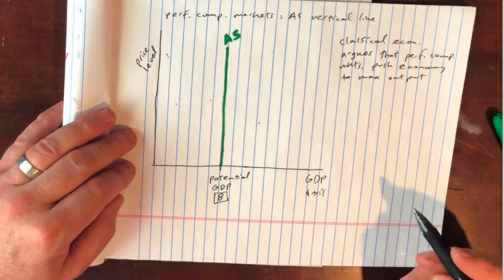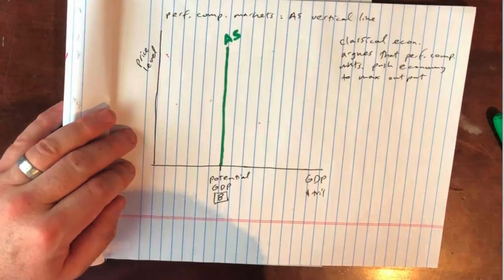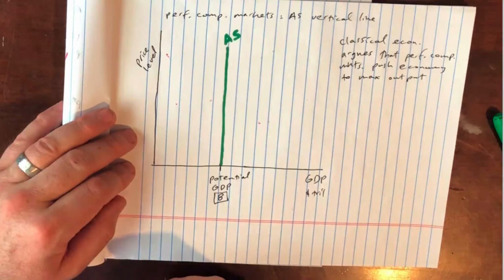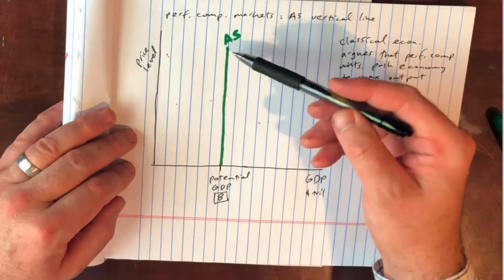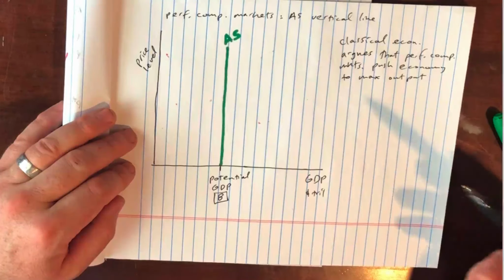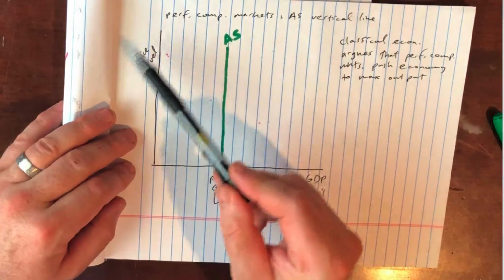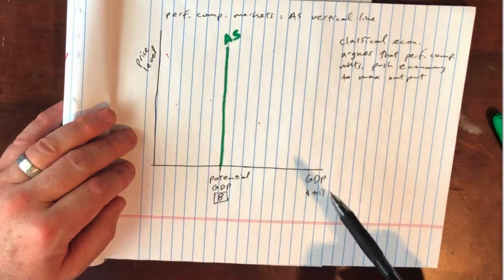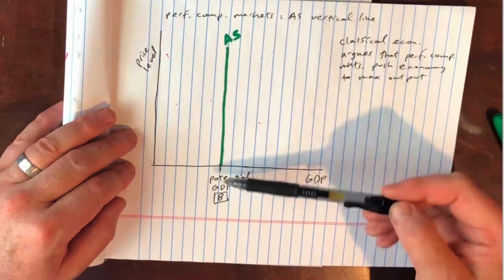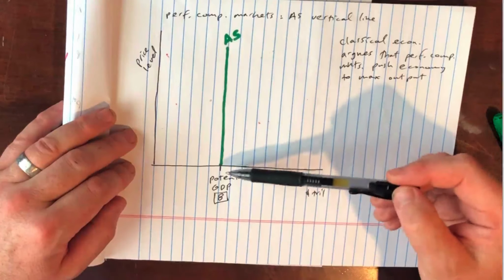The price level essentially doesn't matter within that argument. Whenever we have a vertical line or a horizontal line, what we're basically saying is there's no relationship between these two. There's no relationship between the price level and GDP when it comes to supply.